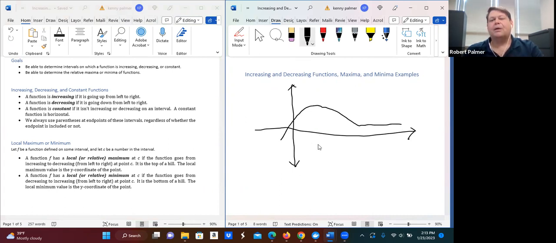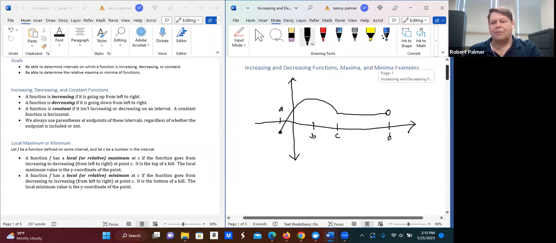Let's say the function ends here and here. Actually, let me make this an open circle. All right, let's say this is our function. Now, this point right here is point A on the x-axis. This is point B, point C, and point D.